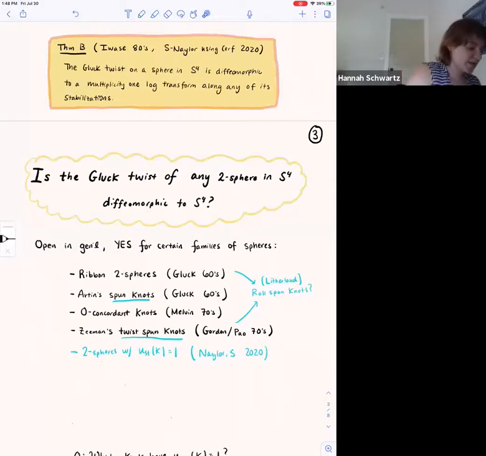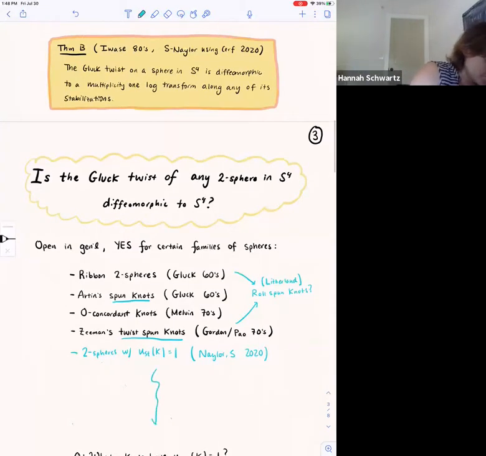So we add this bullet here. I wrote it as a separate line, but that doesn't necessarily mean this actually adds any new 2-spheres. Maybe only these 2-spheres have stabilization number 1 or something. I don't really have much of a concept whether this adds anything to the list. So, is there anything new?